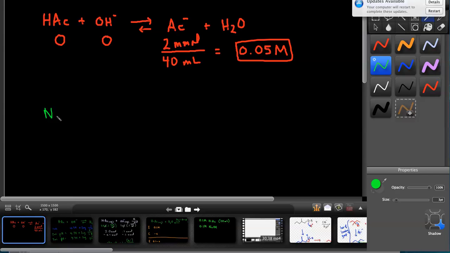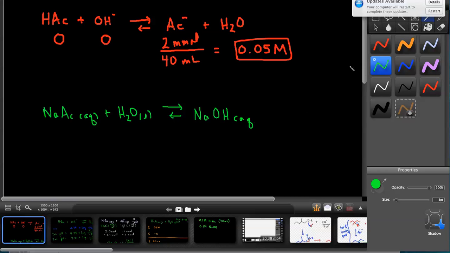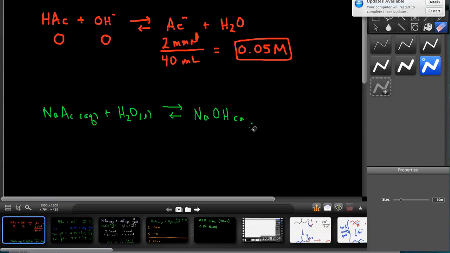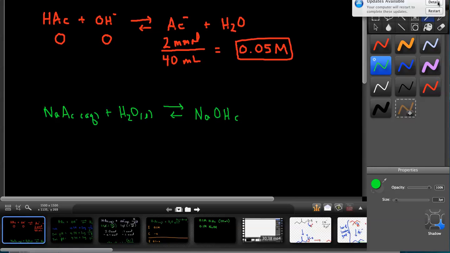So sodium acetate plus H2O will yield the strong base NaOH, which we know will completely dissociate, and the weak acid, acetic acid, which will not significantly contribute to the pH of the system.